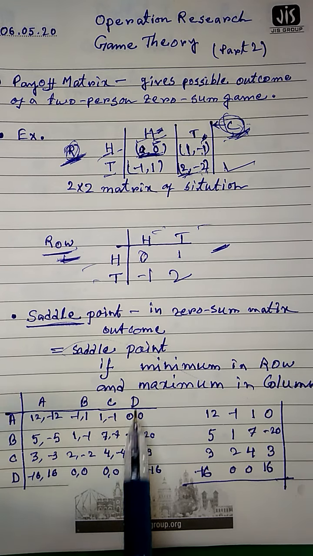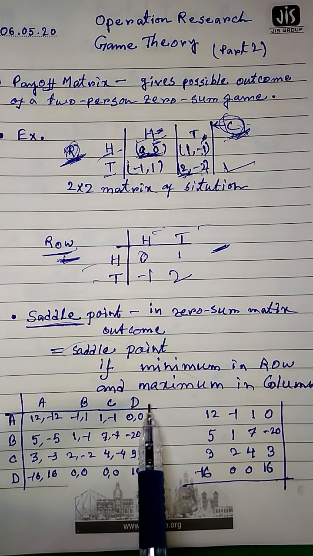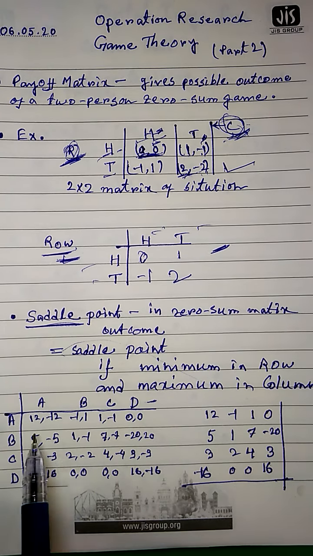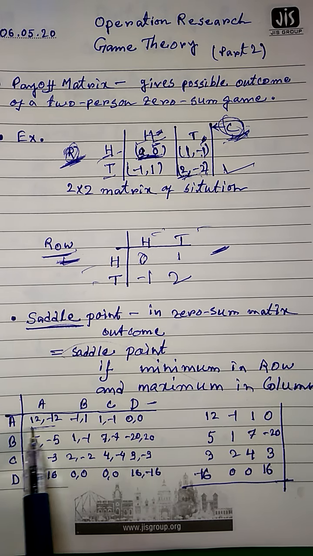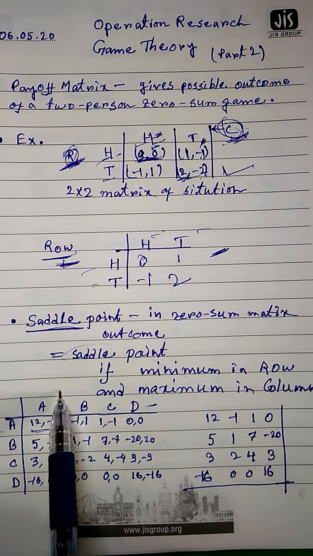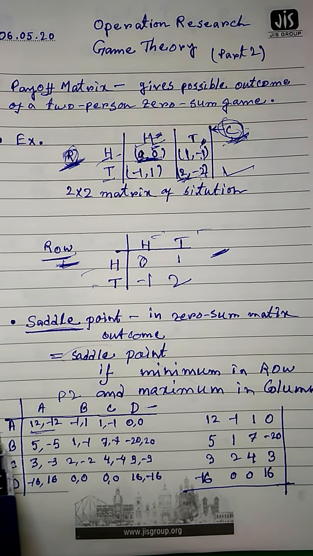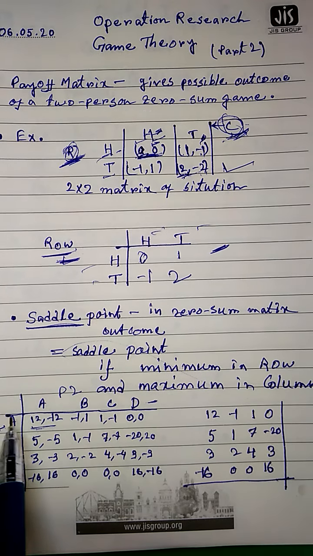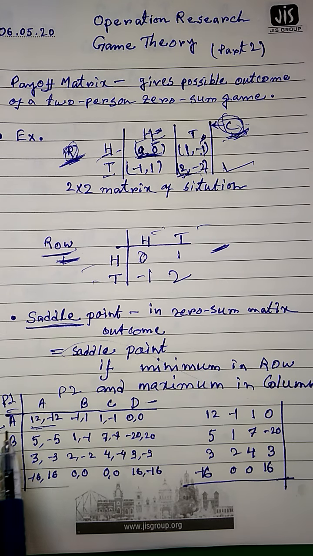A, B, C, D and A, B, C, D are the strategies. Depending on the two persons playing, the value is given here. This is for player 1 and this is for player 2.